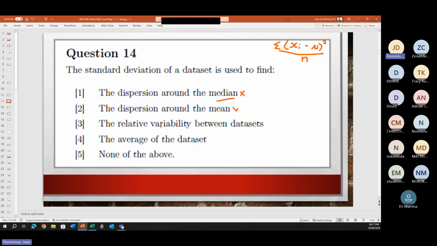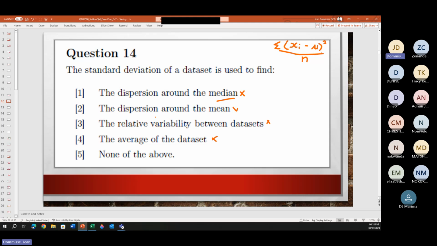The relative variability between two data sets, okay, or between data sets, so that is when we look at correlations and things like that. The average of a data set, okay, so that is the mean.